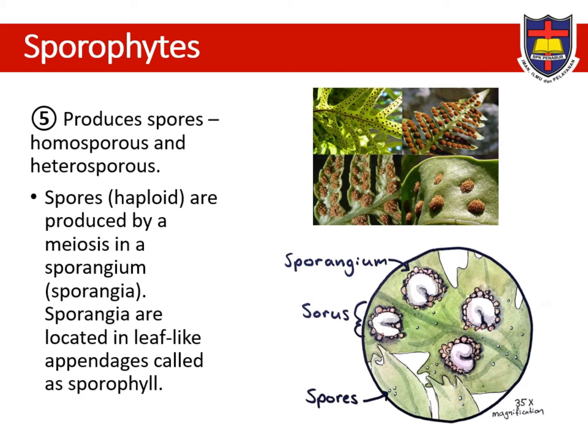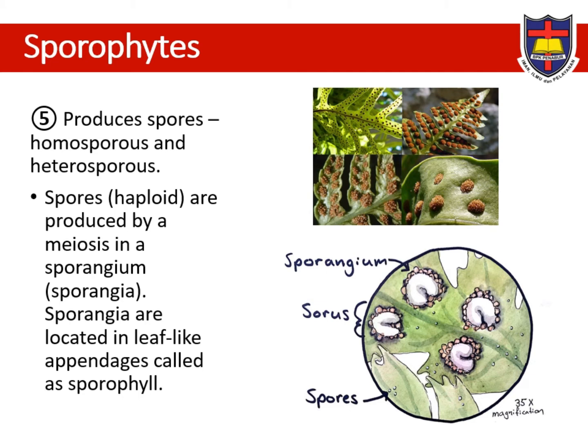Sporophyte stage or sporophyte structure will produce spores. There are two types of spores based on their shapes. The first one is homospores and the second one is heterospores. Spores, which are haploid, are produced by meiosis in a sporangium or sporangia.